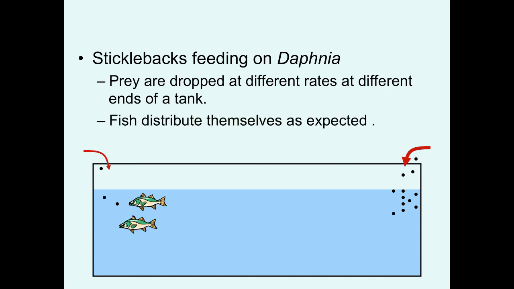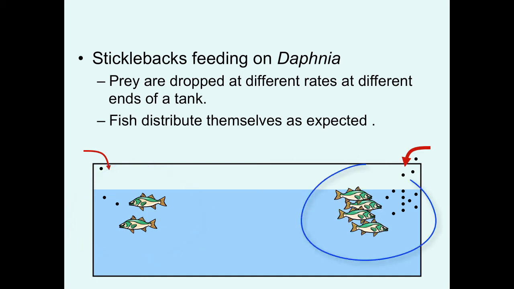And basically what they demonstrate is that the fish distributed themselves as expected. Proportionally fewer individuals were at the low drop rate end, and at the high drop rate end there were many more individuals. But individuals moved back and forth with changes in prey drop rate, and they did so in very predictable ways to meet certain expectations.